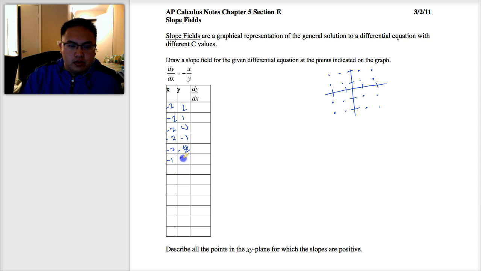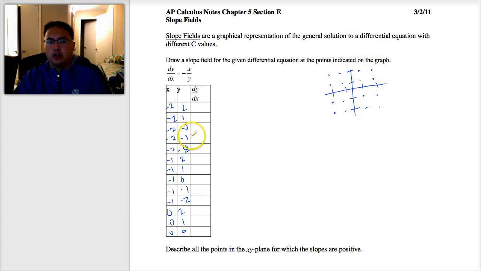Negative 1, 2; negative 1, 1; negative 1, 0; negative 1, negative 1; negative 1, negative 2. I'm just writing it all down, and even though I run out of space, I'll show you the basics and then I think you can get it. In this row I have 0, 2; 0, 1; 0, 0, and there's more. I didn't get to these, but you'll get the point of it.